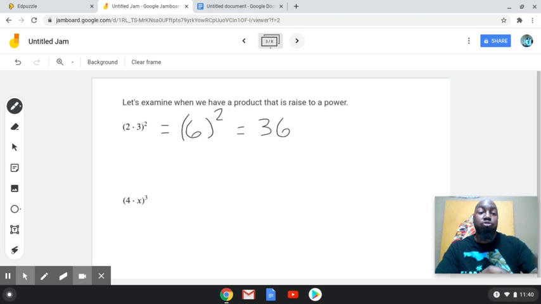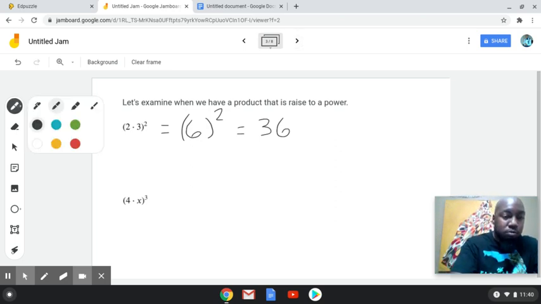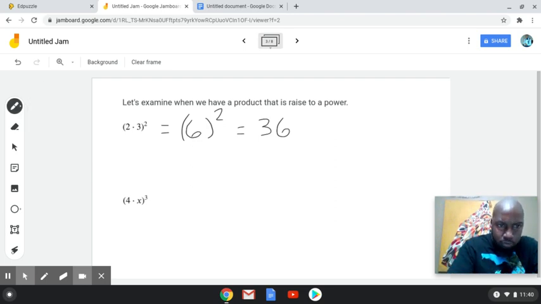So let's say you distribute that power to both the 2 and the 3. If that was the case, this would just be 2 squared times 3 squared.